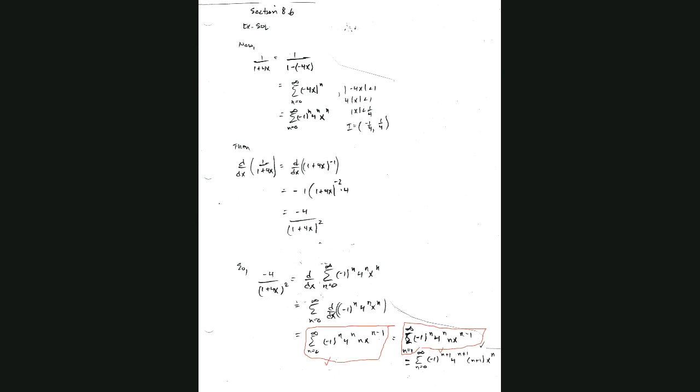So what they're saying is basically the first term doesn't matter, right? When they say the series starting at n equals 0 equals the series starting at n equals 1, what does that mean about the first term?